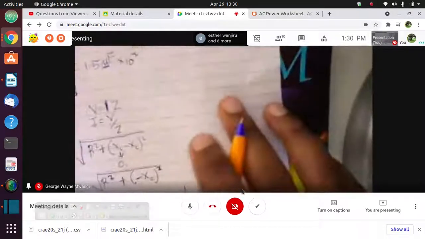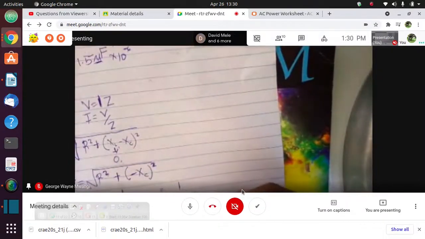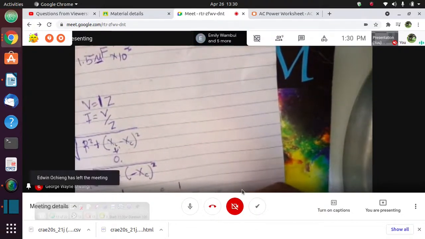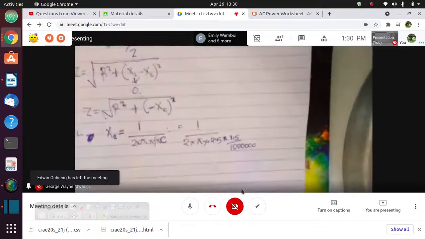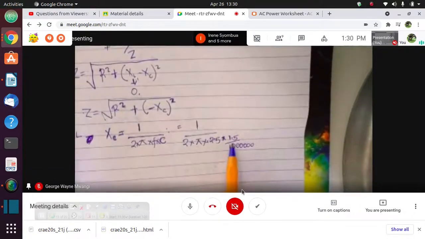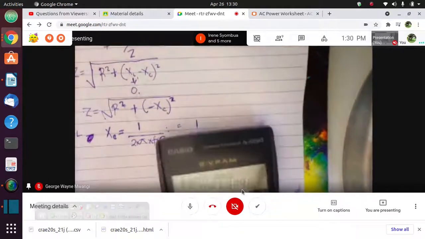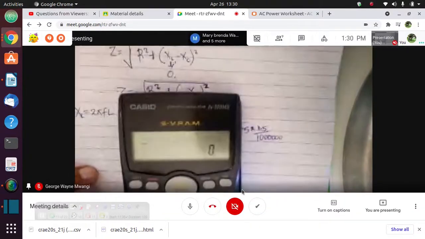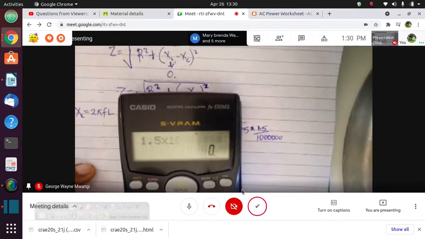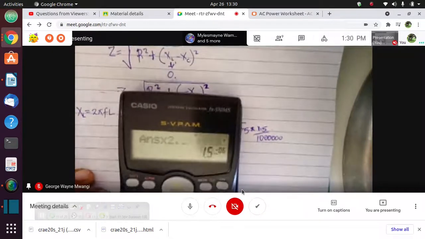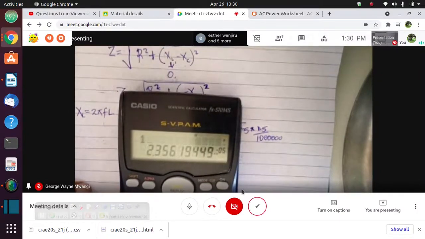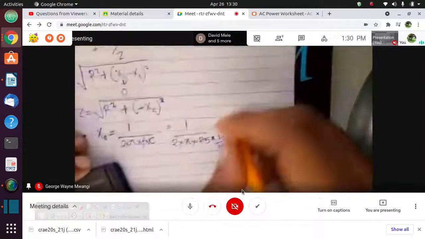So changing it to farads, the value of the capacitor is 1.5 divided by a million. So the value of our capacitive reactance is 1 divided by 1.5 times 10 raised to power negative 6 times 2.5 times 2 times pi.